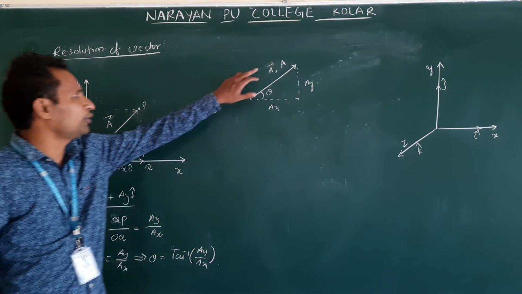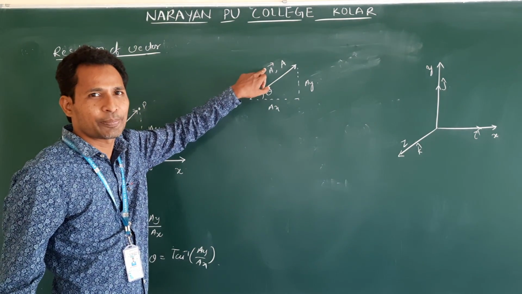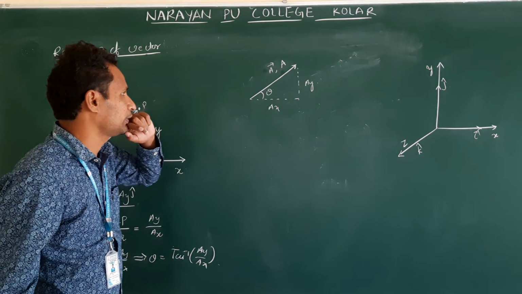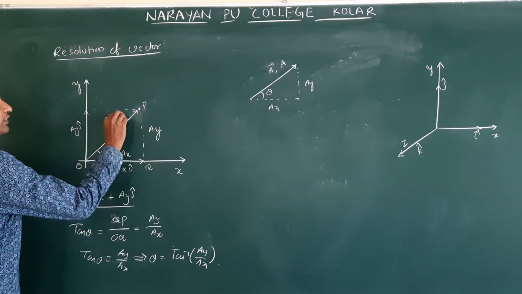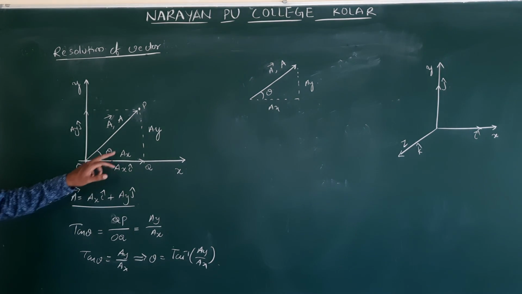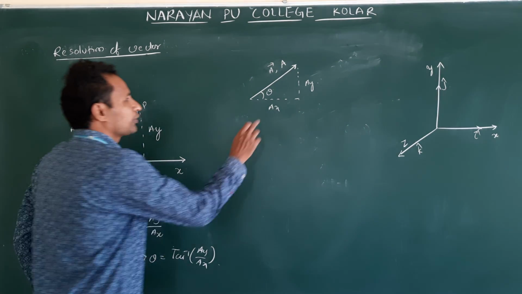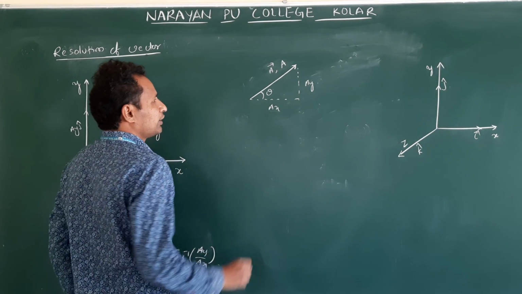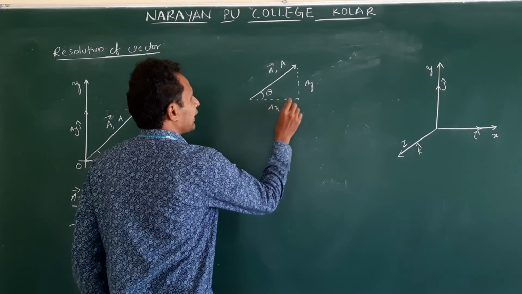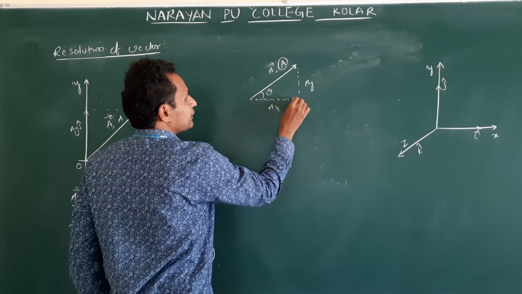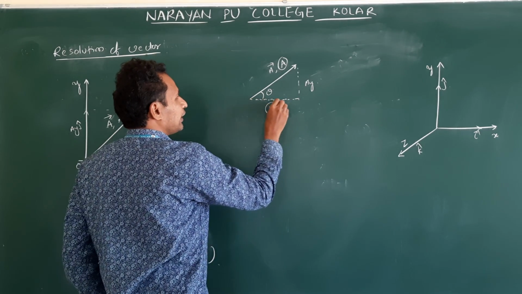If we write an arrow over the letter, that represents the vector. Without the arrow, that represents the magnitude. Clear? This magnitude is A. Ax, Ay are the magnitudes. Now Ax is required. In this right angle triangle, hypotenuse value is A. This adjacent side value is Ax.